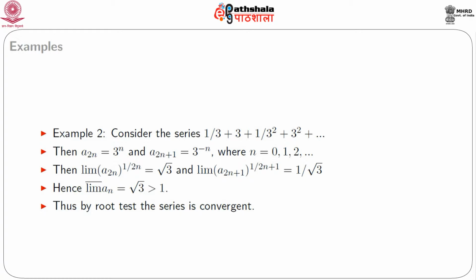Then the limit of a_(2n) to the power 1 by 2n is root 3, and the limit of a_(2n+1) to the power 1 by (2n+1) is 1 by square root of 3. Therefore, the limit superior of a_n is square root of 3, which exceeds 1, and hence by the root test the series converges.